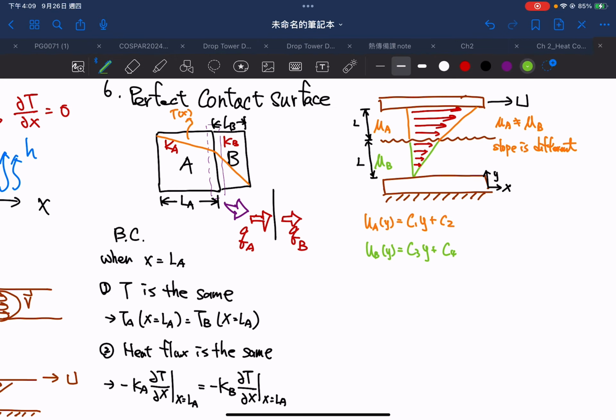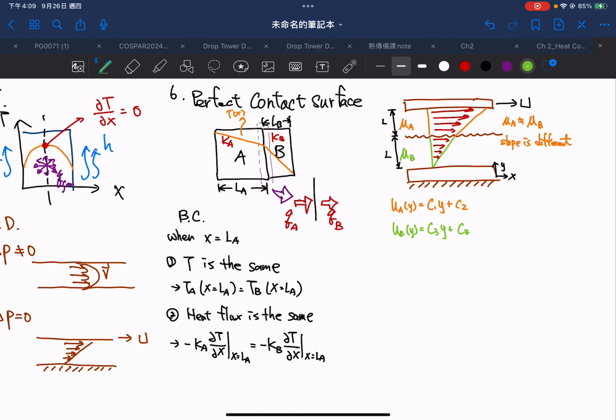You might find it's quite similar to the perfect contact surface we talked about, because now we are going to write down these boundary conditions. When y equals L, at the middle plane, the first one is that the velocity should be the same because it's continuous.